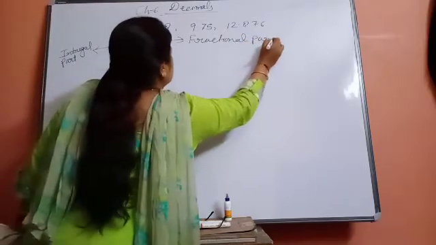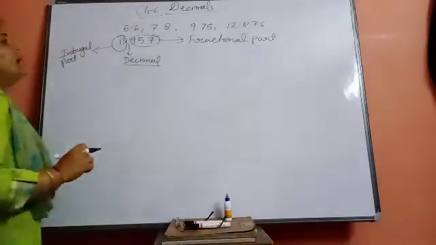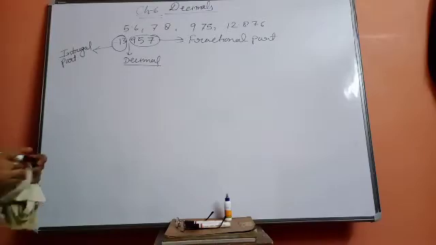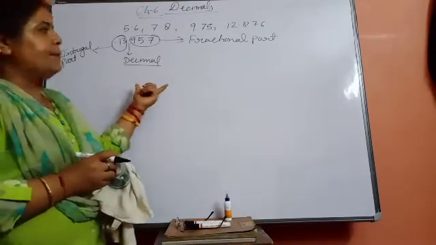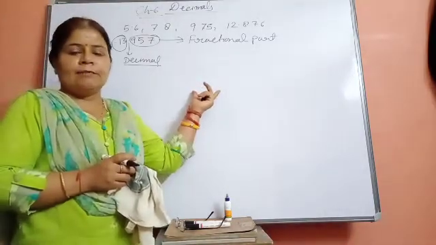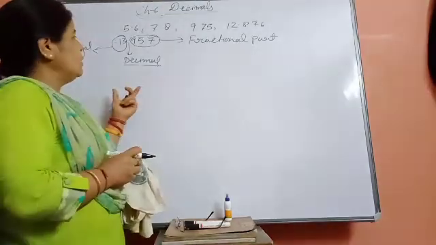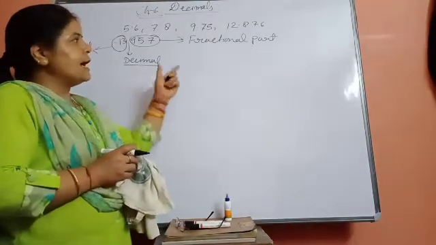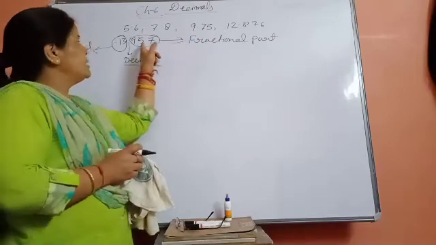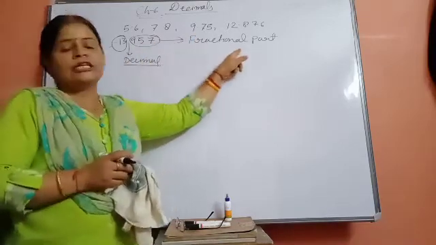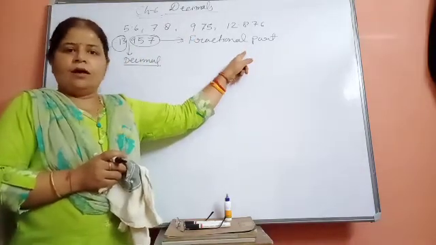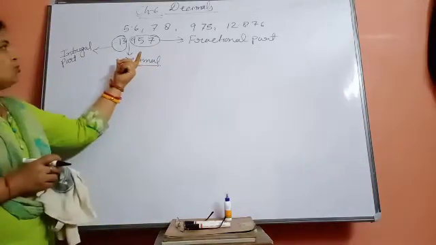Why it is known as the fractional part, we are going to learn that also, because when we write the place value system for decimal numbers, we will see that after the decimal, these are the fractional parts. Everybody has understood up to here?